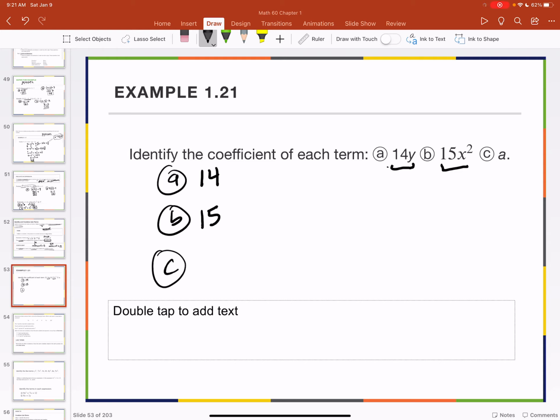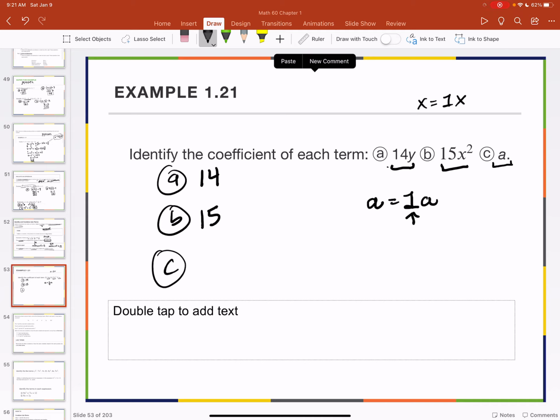Now, interesting one, we have, for C, the letter a. Well, wait a second. I don't see a coefficient at all. I don't see anything. Well, you might be interested in finding out that any letter that's by itself is assumed to have a 1 in front of it, okay? So anytime that you see an x by itself or a y by itself, you can think to yourself, oh, that's 1x, okay?